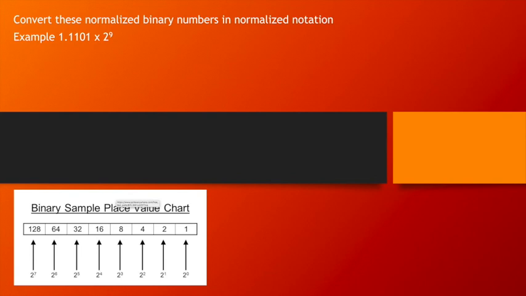And so there would be a 0 in the 64 place value, a 0 in the 32 place value, a 0 in the 16 place value, a 1 in the 8th place, 0 in the 4, 0 in the 2, and 0 in the 1. So our biased binary exponent that we're going to store is 10001000.